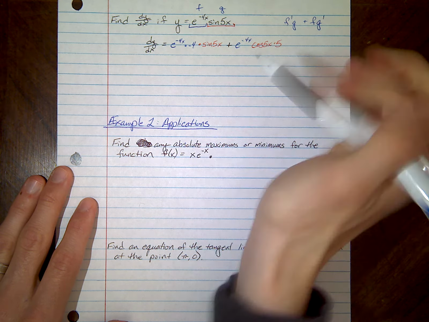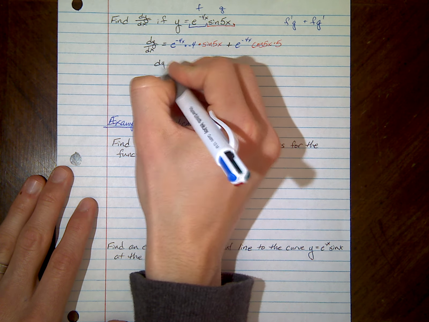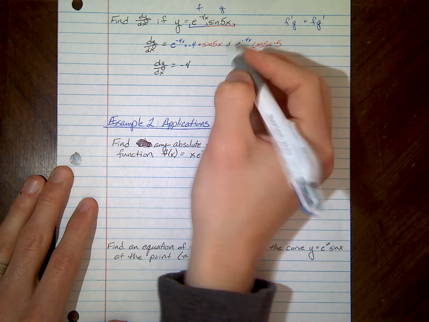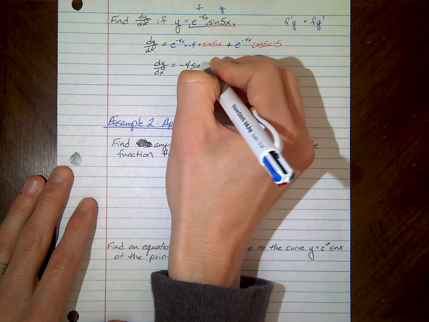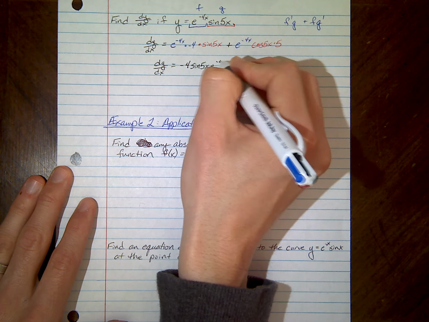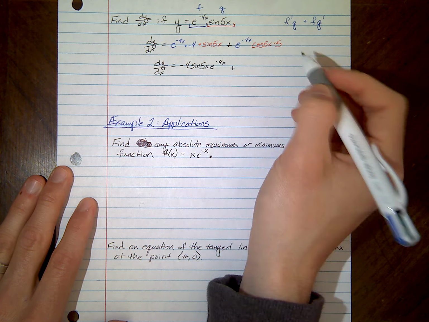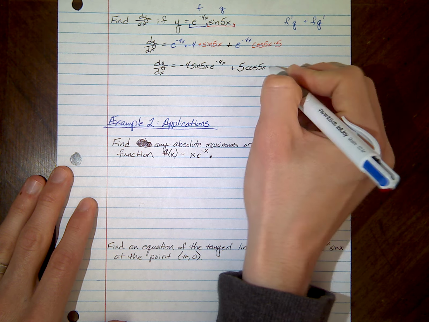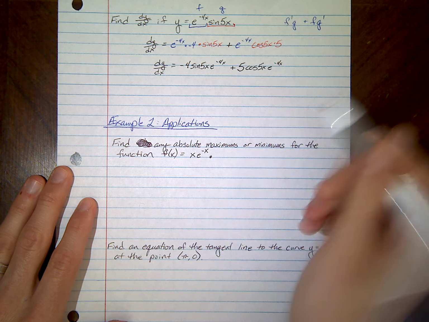So when we clean this all up, dy dx is equal to negative 4 sine of 5x e to the negative 4x plus 5 cosine of 5x e to the negative 4x.